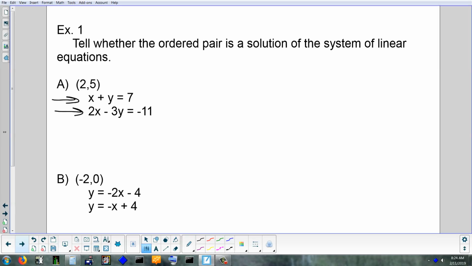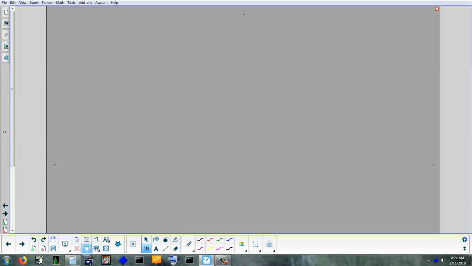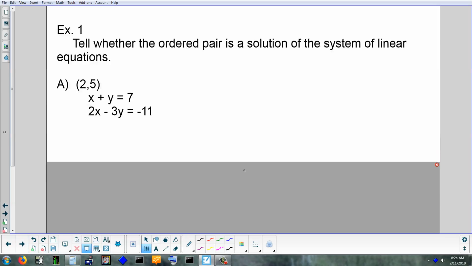So now they want to know if the given ordered pair is a solution to that system. So how do I check if that coordinate is a solution? What do I have to do? So they might need a second because they gotta write that in. Oh, they gotta write that in. That's all. I didn't put it on there. So, okay, your ordered pair is 2, 5.